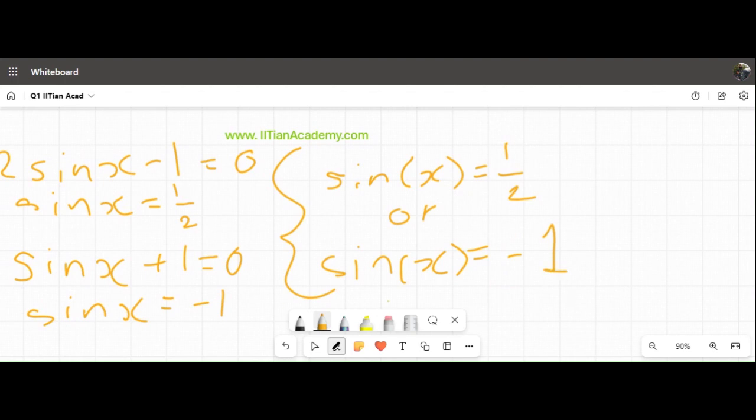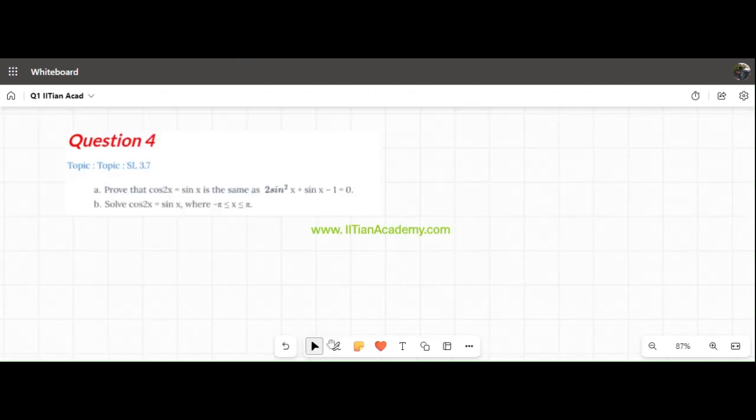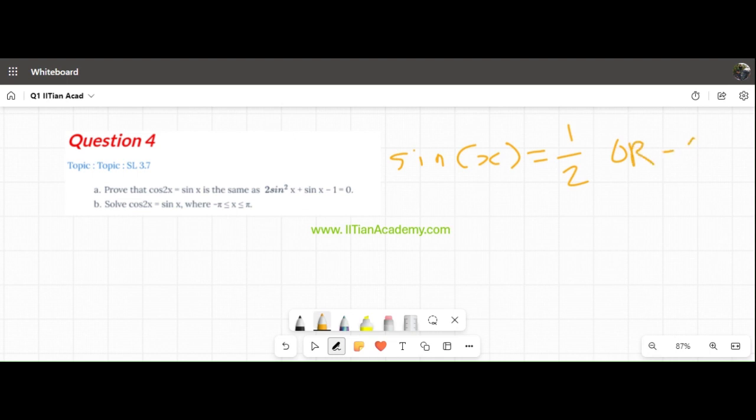Okay, now we have to find the corresponding x values for these two cases. We have our two cases where sine x is either equal to 1/2 or it is equal to -1. And we know that our interval is from -pi to pi.